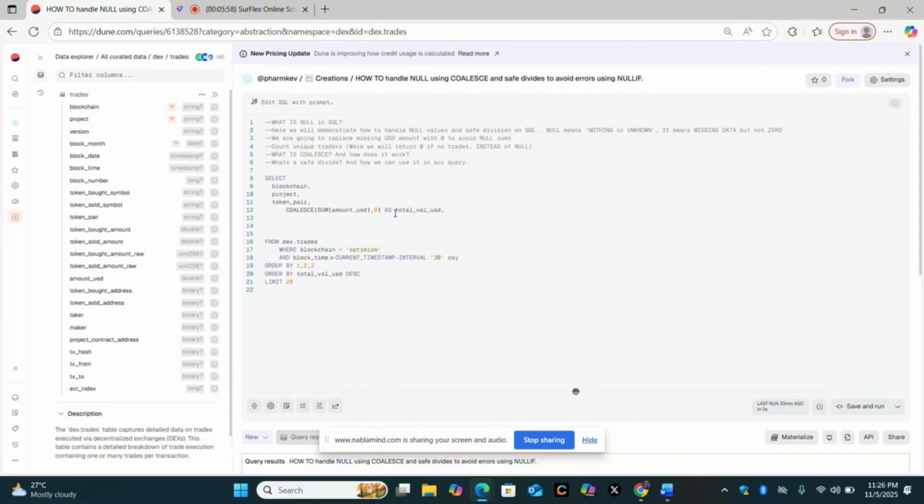The second one, again, I'm going to explain after I've written the query. Count. Here we want to know the number of unique traders that trade on this token pair.